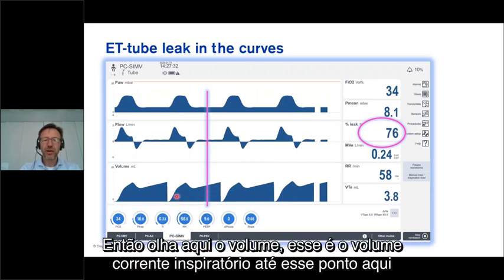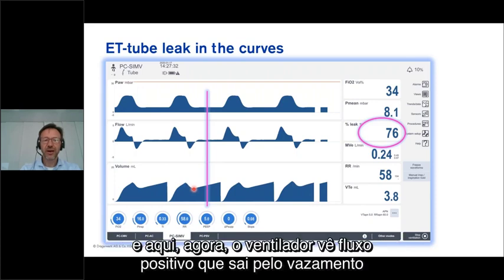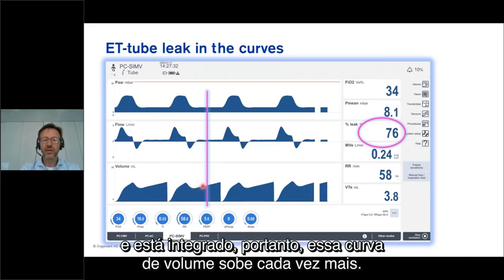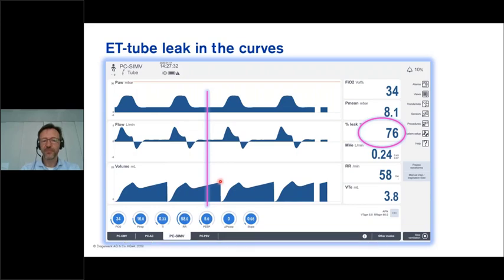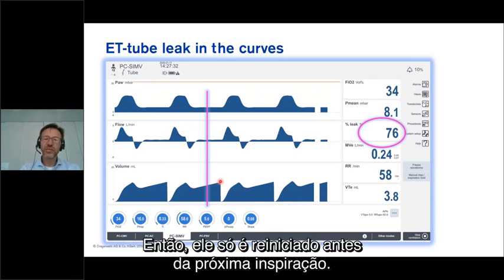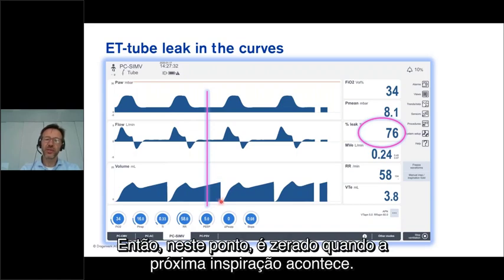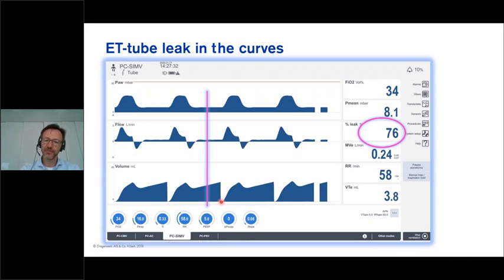So look here: this is the inspiratory tidal volume, and this was the expiratory tidal volume until this point. And here now the ventilator sees positive flow, which is escaping through the leak. This is integrated, and therefore this volume curve goes up more and more. It is only reset shortly before the next inspiration, at which point it is reset to 0 when the next inspiration happens.